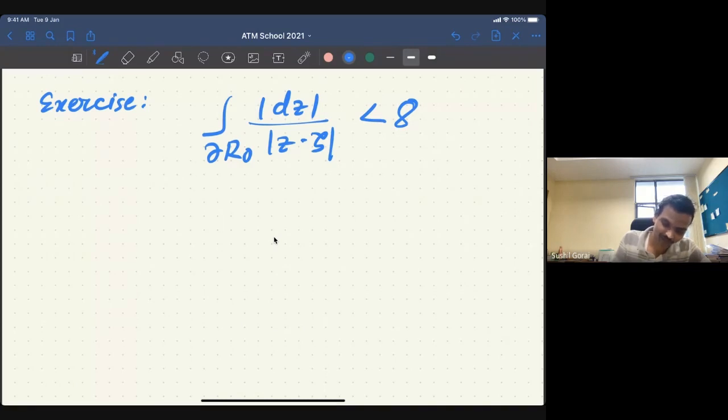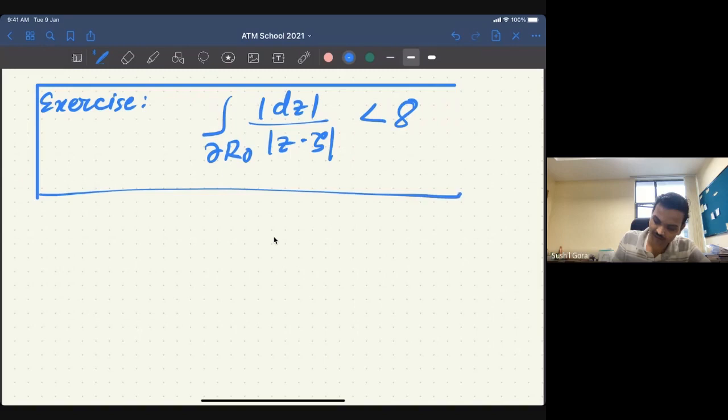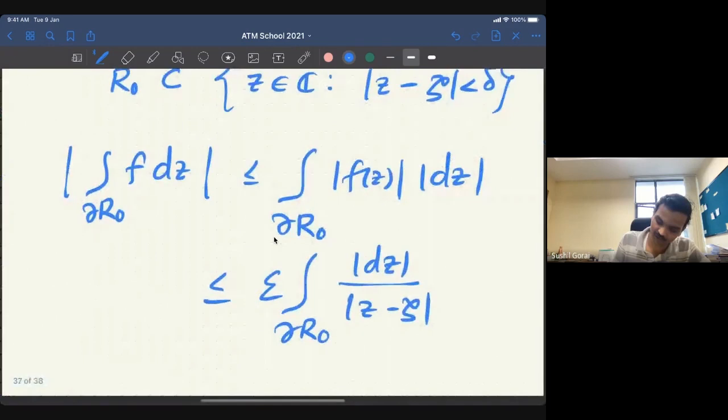So now continue the proof. From now on, this will be less or equal to 8 epsilon.